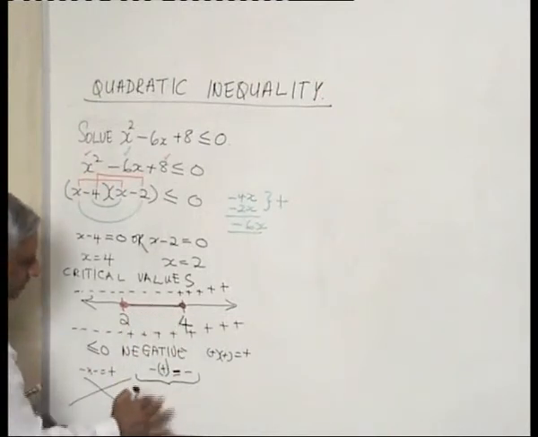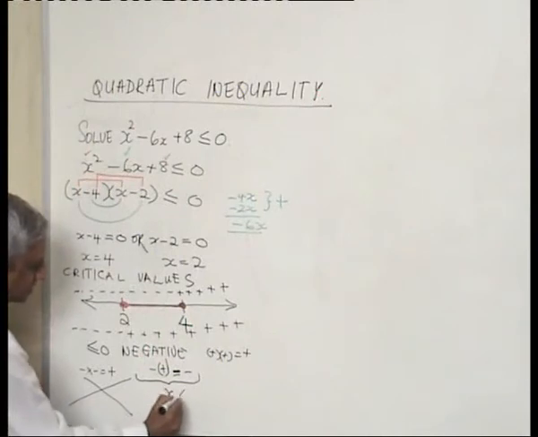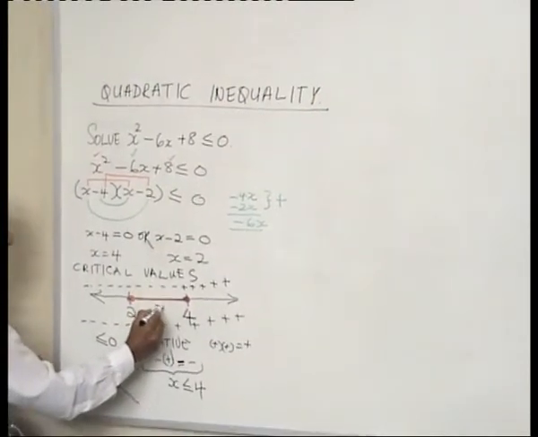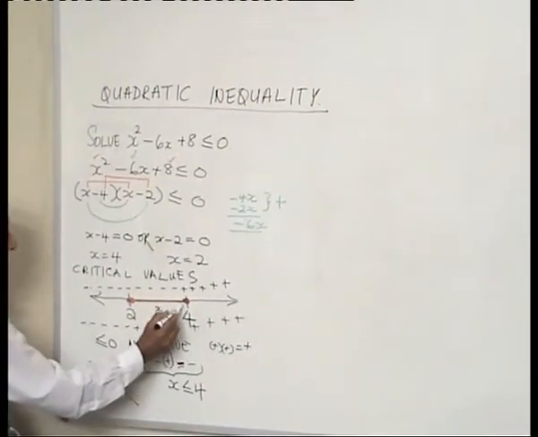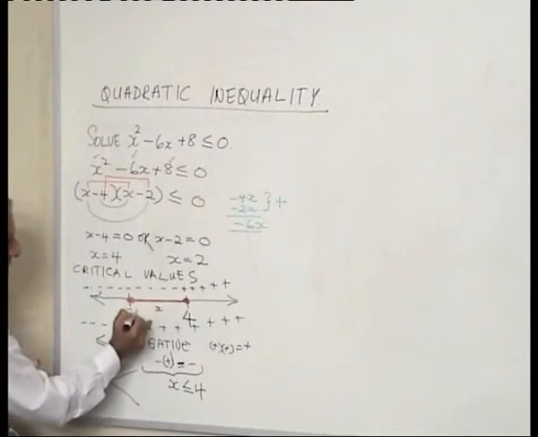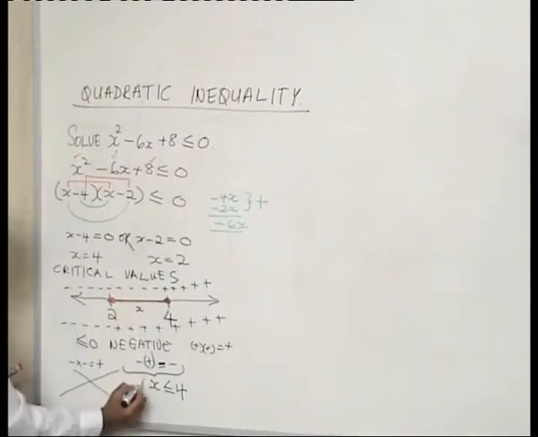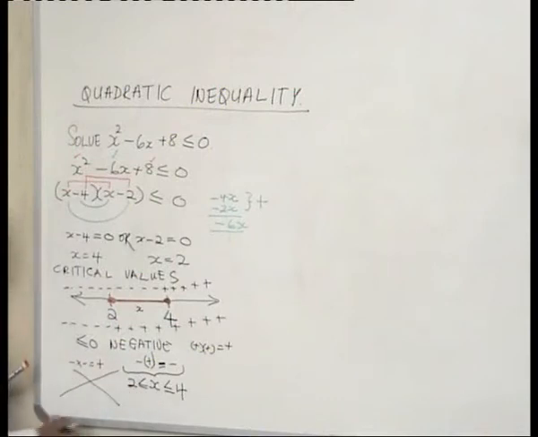So you say x is less than or equal to 4. Now from here you're looking this side, and these numbers are greater than 2. So x is greater than or equal to 2. So that's how you write the solution.